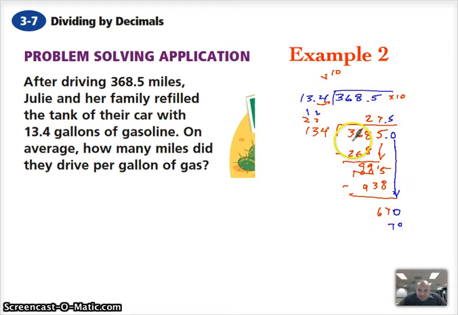And then 5 times 1 is 5, plus 1 is 6, 670. So I have 0 there. Great. So my answer here is 27 and 5/10. 27 and 5/10 what? 27 and 5/10 miles per gallon.